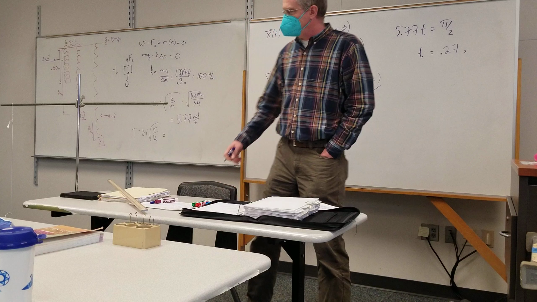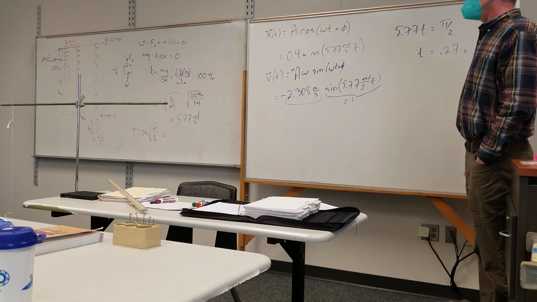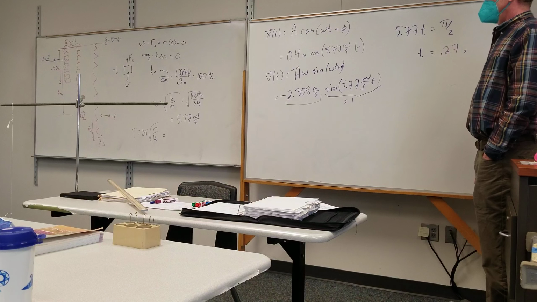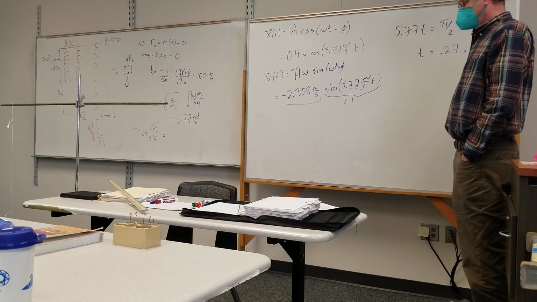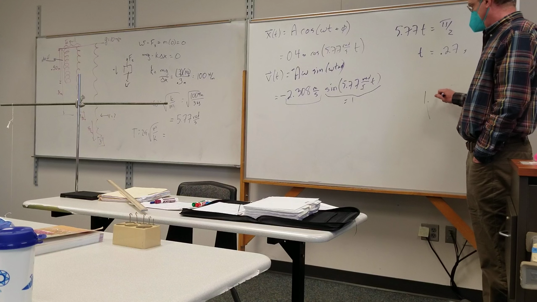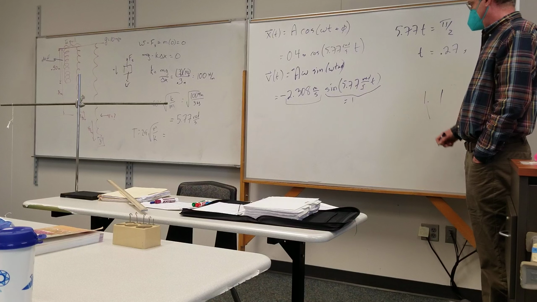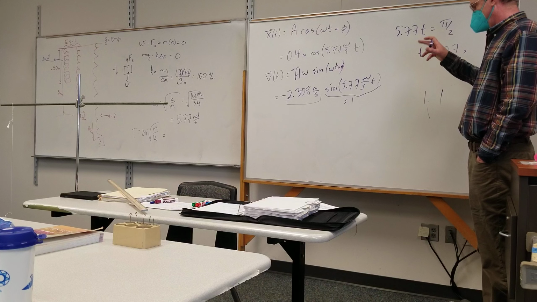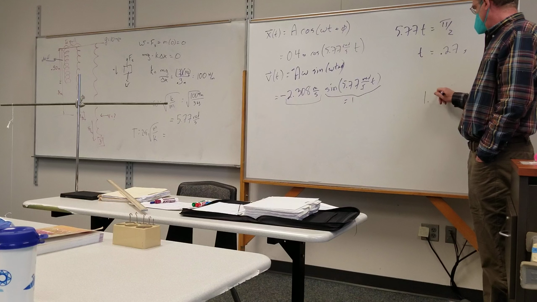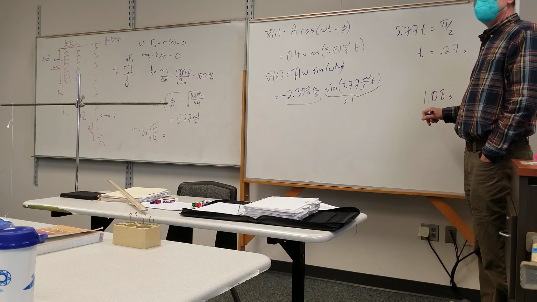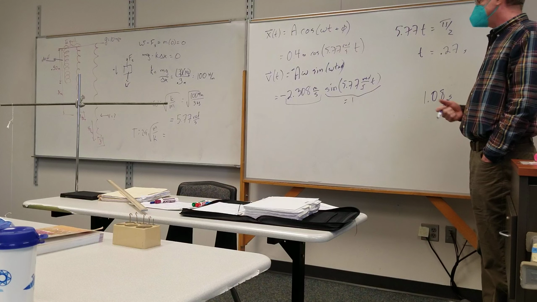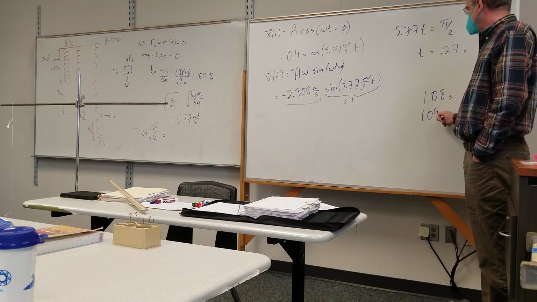There are other ways of getting there, but what is 2 pi times the square root of m over k? 1.09 seconds, that's what I got.